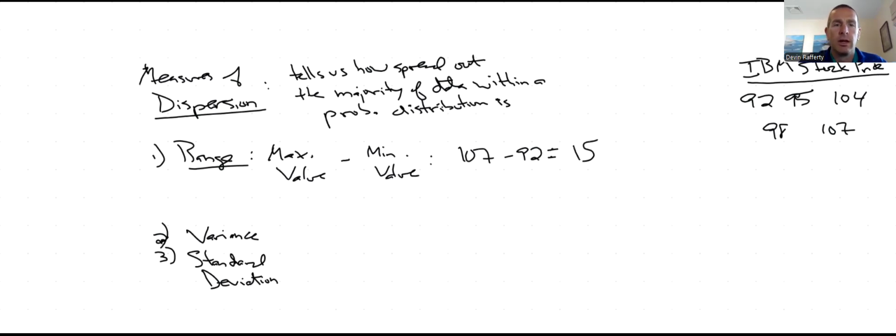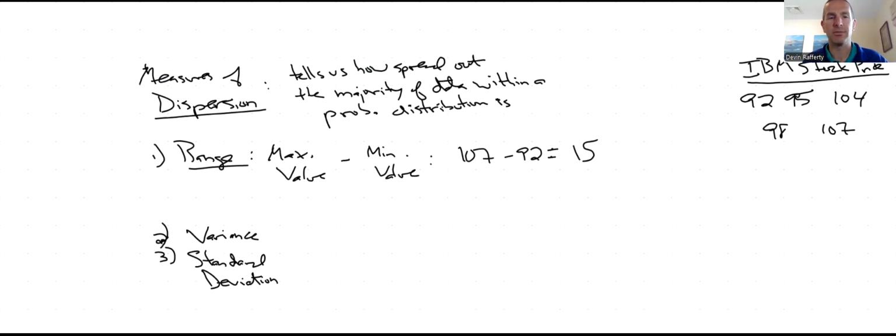That tells us how spread out the majority of the data within our probability distribution is: it's spread out $15. At a maximum, it was $107. At a minimum, it was $92. So there was a range of $15.